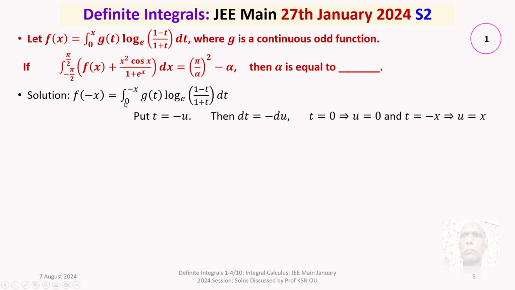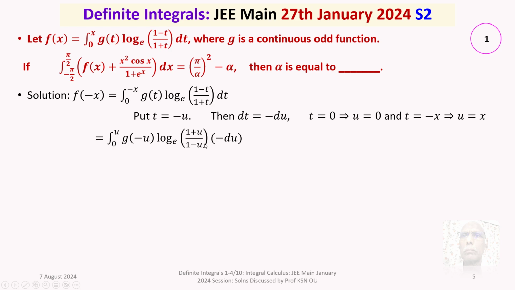Alright. Now this definite integral will be integral 0 to x of g of minus u log base e of (1 plus u by 1 minus u), dt is minus du.